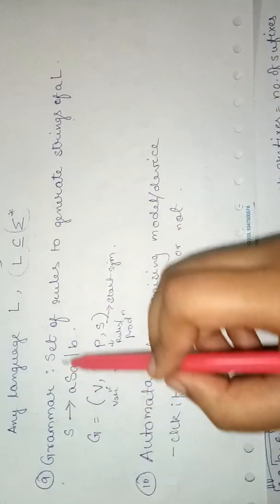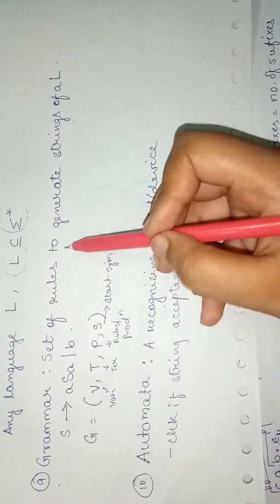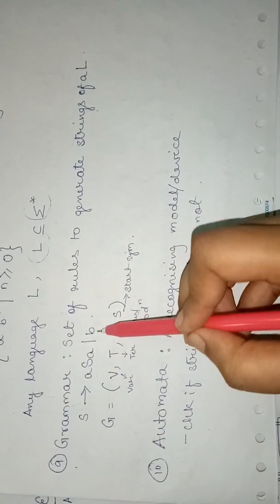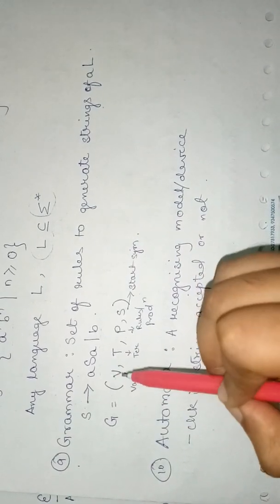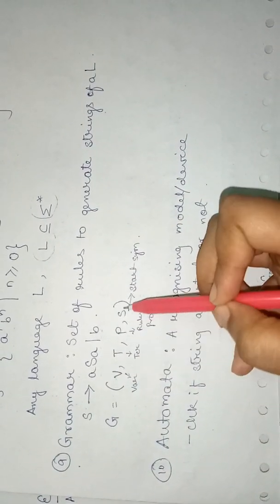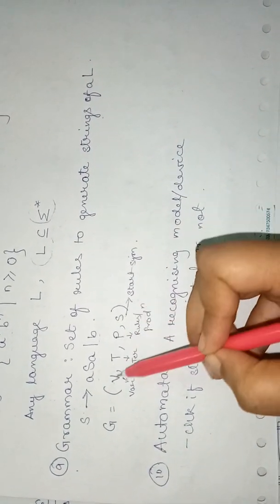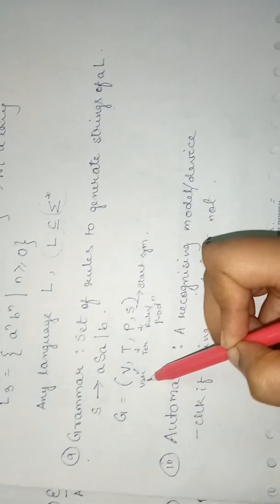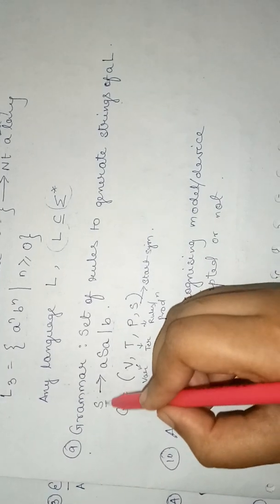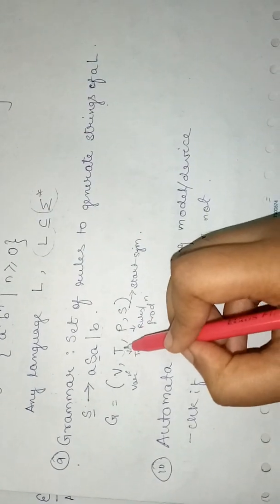Now grammar. It is the set of rules to generate strings of a language, means these are the productions. We will discuss grammars ahead. For the time being, it is made up of 4 parameters. V means variables, the set of variables that we are using. For example, here we have only one variable, that is S, always denoted by capital letters.